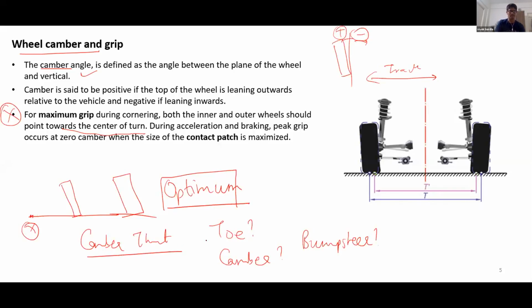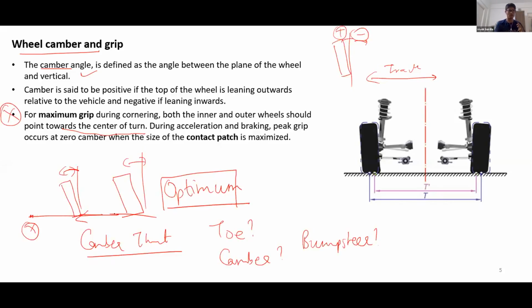Camber thrust is a phenomenon wherein the camber angle produces a lateral force, right? If you want to know more about camber thrust, you can go through Gillespie. It's a very simple concept, but what it basically means is that when a tire has a certain camber angle, it produces a camber thrust.